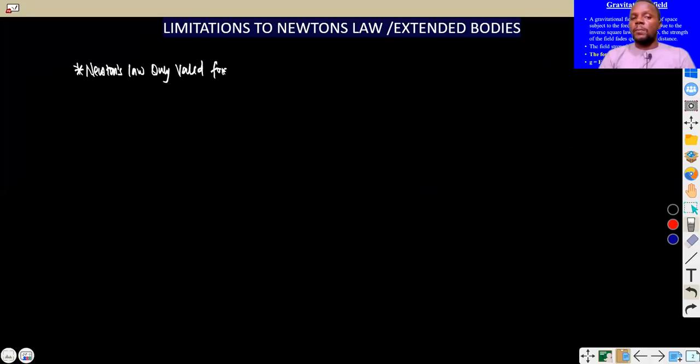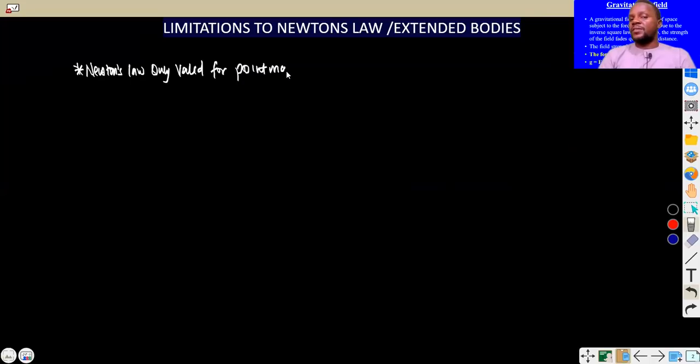And on the next slide, we have what we call the limitations of Newton's laws and the extended body. As we have stated in the previous slide, we can keep down a note for understanding's sake, that Newton's law of universal gravitation is only valid, I'm going to be using abbreviation, only valid for point masses.